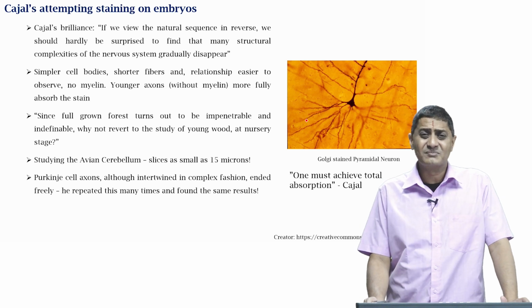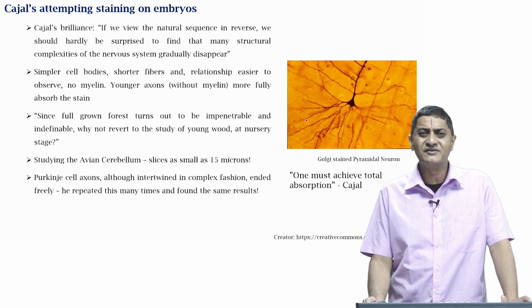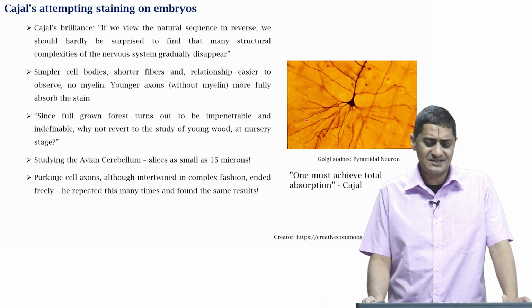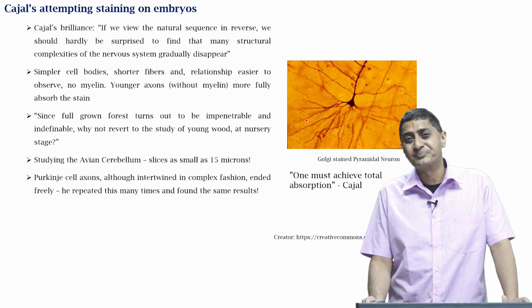There are several purposes that are now understood, but these cells obfuscate or confuse or otherwise make it very difficult to stain and understand neuronal structure. So, Cajal came up with this brilliant insight where he said, how about we study embryos?